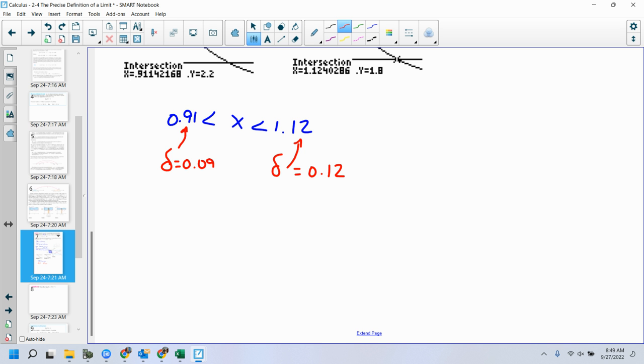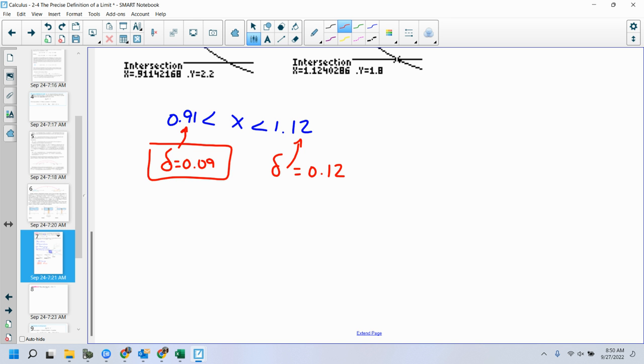So I say this guy wins. My delta is 0.09. Again, delta is always going to be the change from the x value that you find and the x value that you were trying to get to.